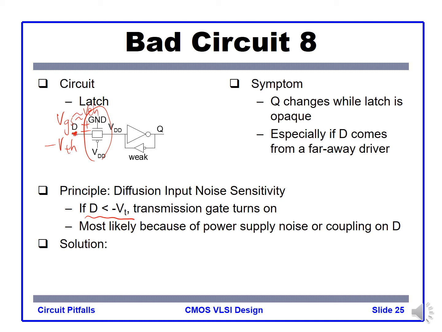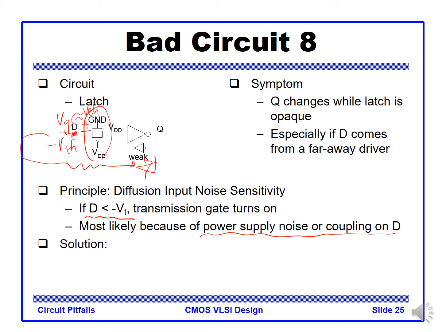So somehow the input D is driven by the faraway driver, then the supply of such a driver or noise coupling may cause some voltage fluctuation or voltage drop on the input, right? So that may cause this transmission gate to be on.